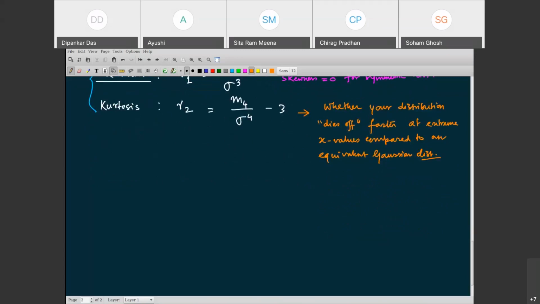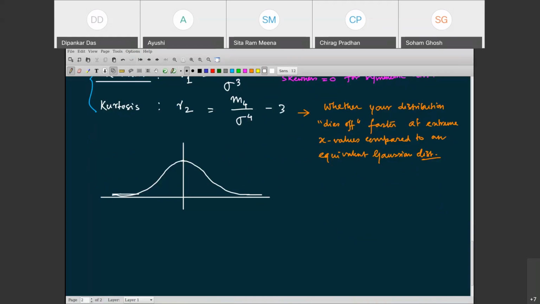Okay, so what I mean by that is that ideally your distribution should extend up to plus minus infinity, right? So if you take a Gaussian distribution, the Gaussian distribution is kind of this bell-shaped curve. If I draw it like this, this is my bell-shaped curve.